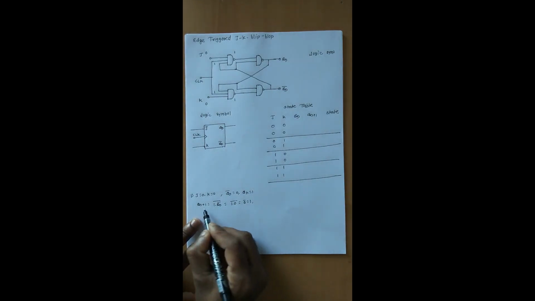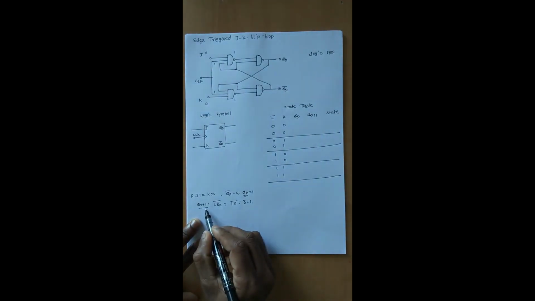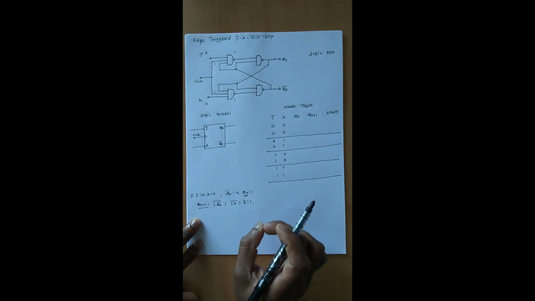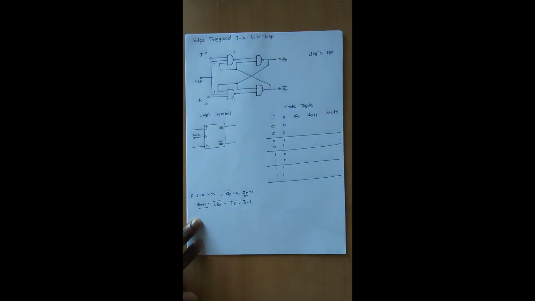If you observe carefully, Q of N plus 1 is nothing but the next state and Q of N is nothing but the present state. So Q of N plus 1 follows Q of N. You can say whatever the present state output is, it is similar to the next state output.